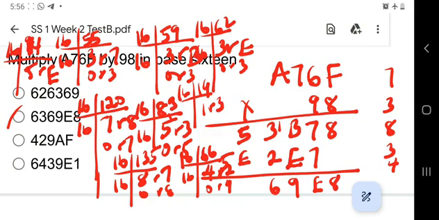That's 1 3. We write 3, we carry 1. 1 plus 5 is 6. You can see we have 6 3. Sorry for this, because of the space. We have 3 6 3 6 9 E 8, which is this one as I've said it out. So we'll move to the next one now.